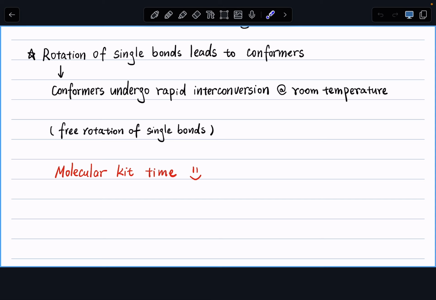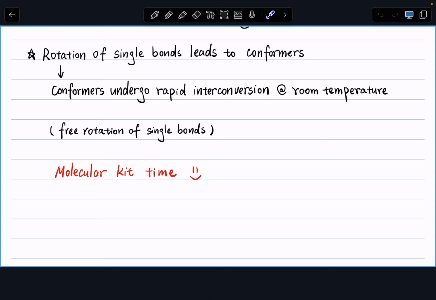In general, when we talk about organic molecules, you should recognize that in reality, rotation of these single bonds, like this ethane just with different colored hydrogens, is happening all the time at room temperature.